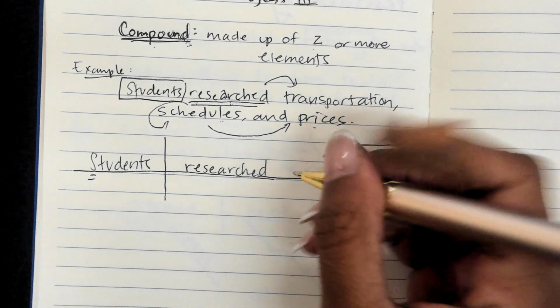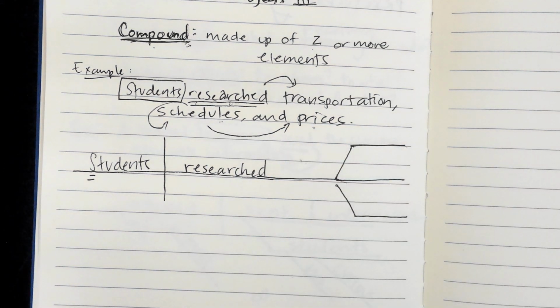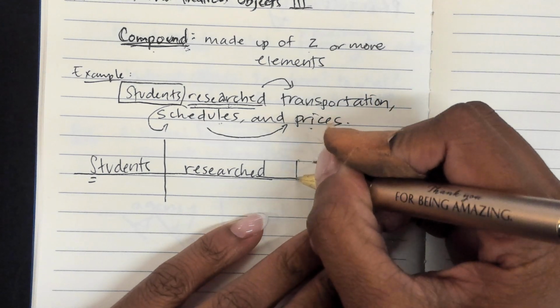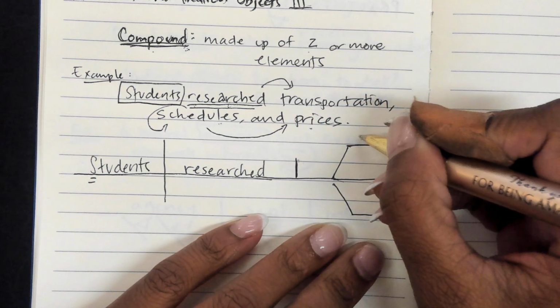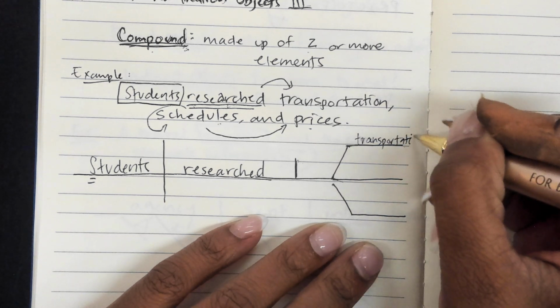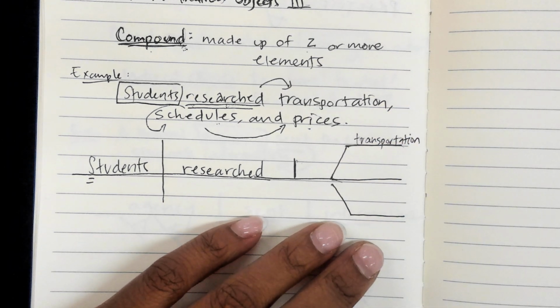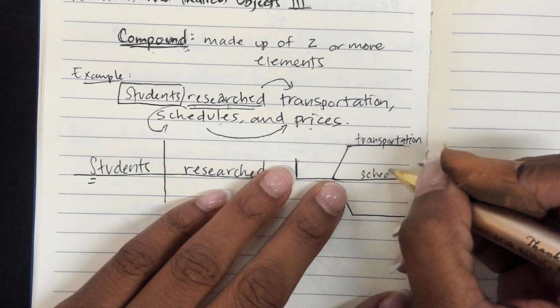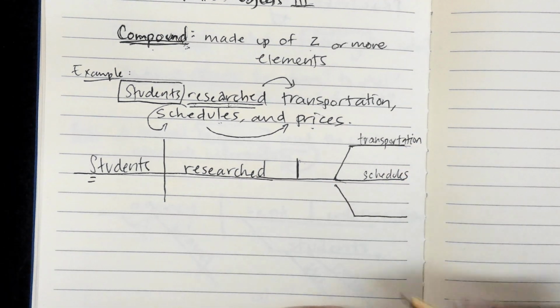Okay, now on the top one, let's put our first noun, transportation, our first direct object. Let's put our second direct object, schedules, and our third, prices.